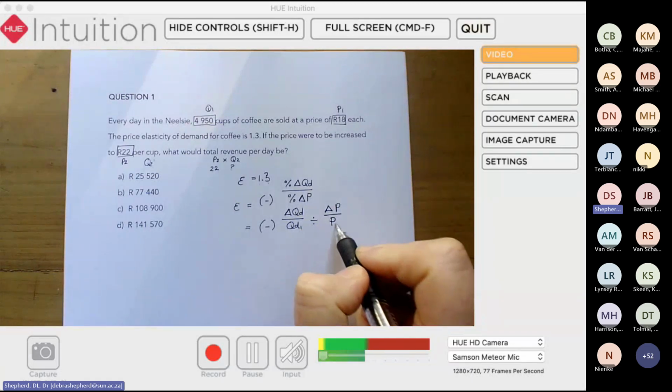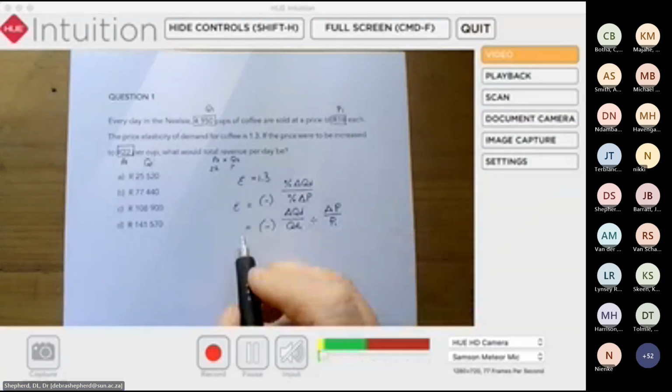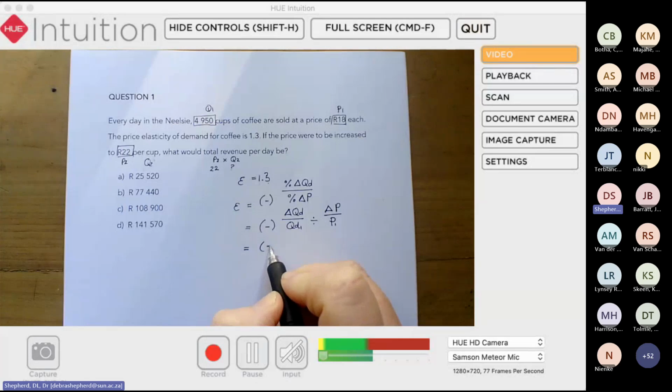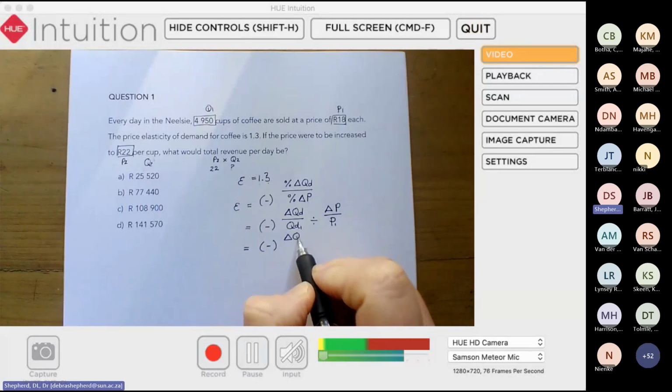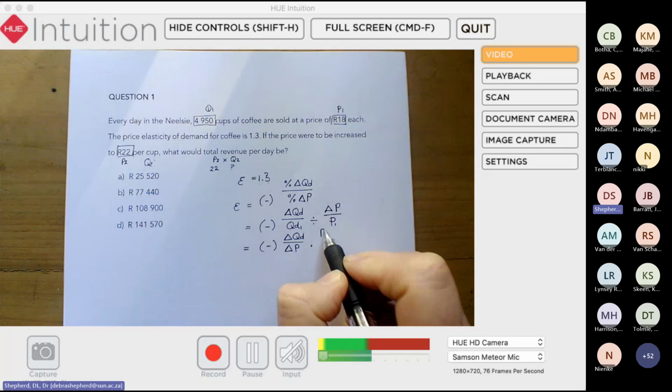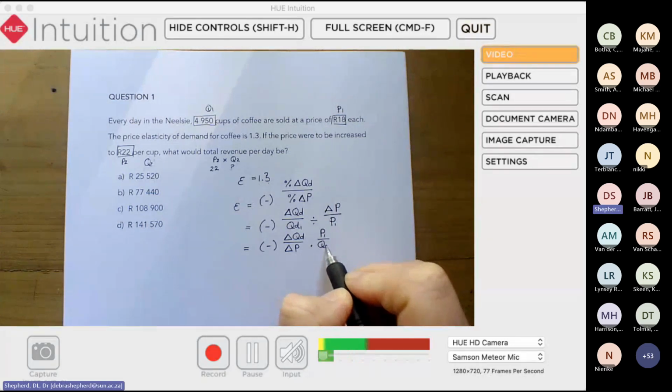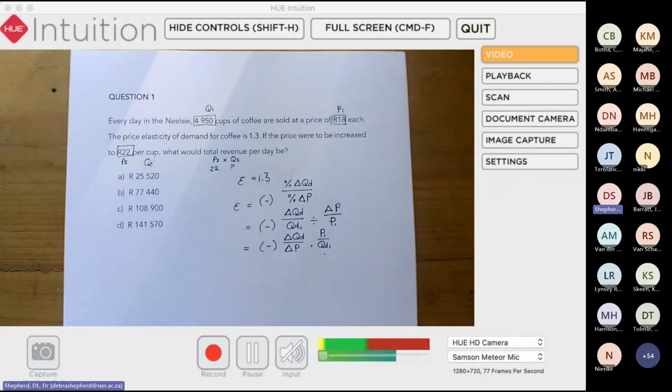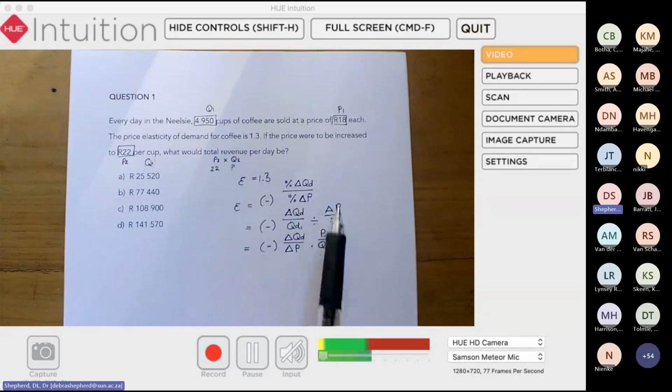So this would be QD1 and this would be price 1. And we could also represent that as minus change in Q over the change in price times price 1 over QD1. What I can do now is sub in the values that I do have into this equation.